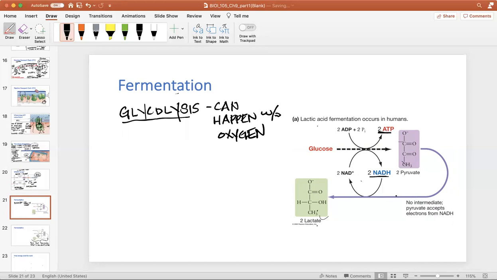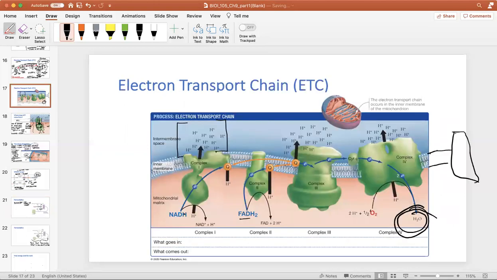However, we are left with a problem. And here's our problem. If we just keep doing glycolysis, and we never go through the whole process all the way through to the electron transport chain, we keep making NADH, but we never regenerate the NAD. Let me go back for just a second. Here, we took NADH, we stripped off an electron, and we took it down to NAD.